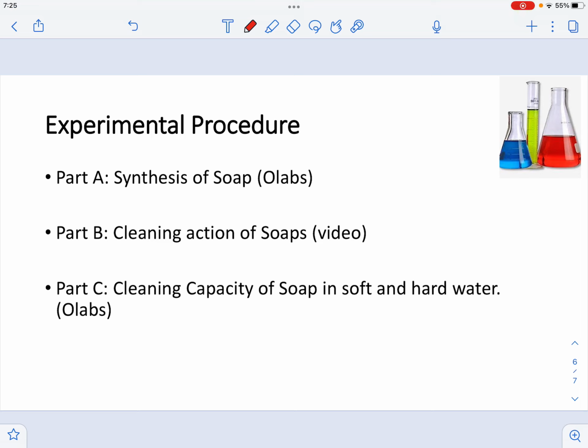In part C, you're going to be testing the cleaning capacity of soap by comparing soft water, hard water, and very hard water to each other. And that is an OLAPS. Remember that there are questions in the lab sheet that need to be answered for part A and part B. And in part C, you will be taking measurements of your soap solutions and the foam that it forms.